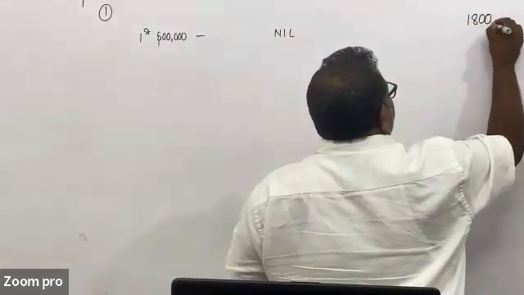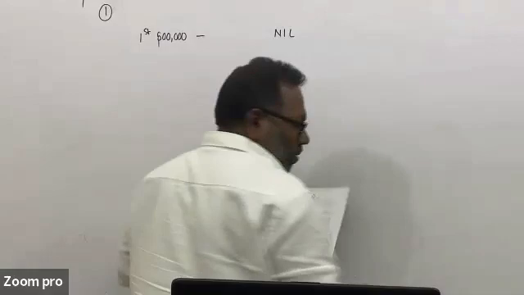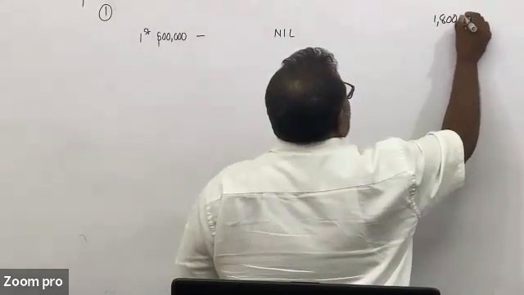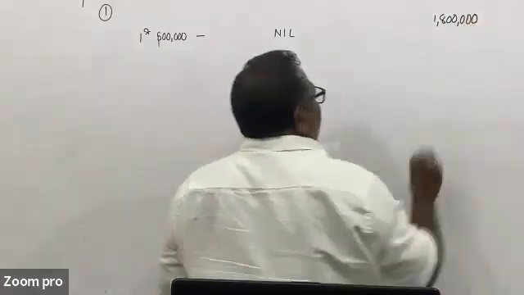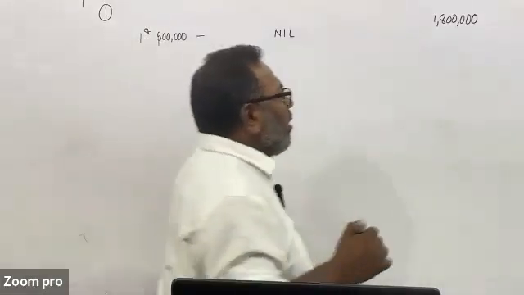So 1.8 million is his income, right? Let's move it a bit this side, right? Then what they're saying is for the first 500,000, no income tax.